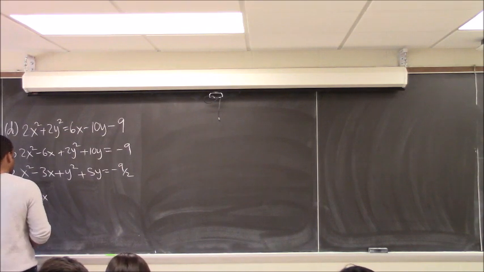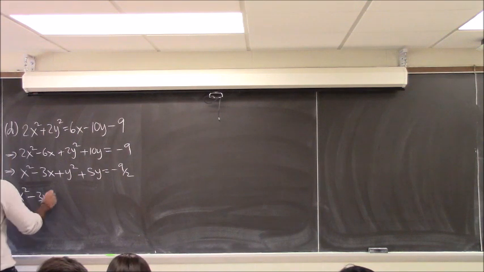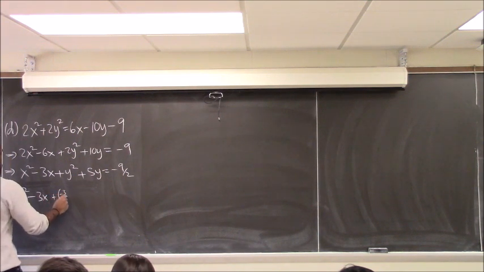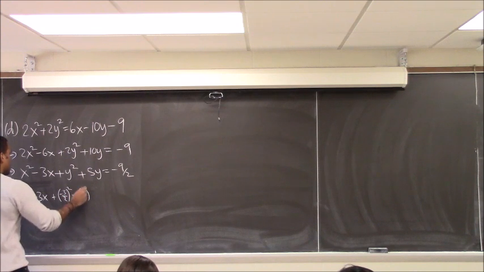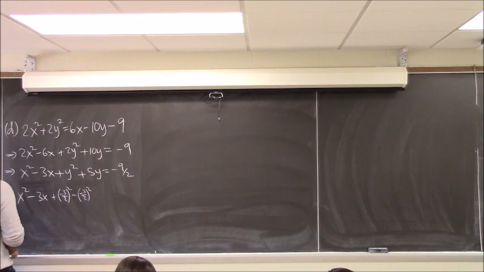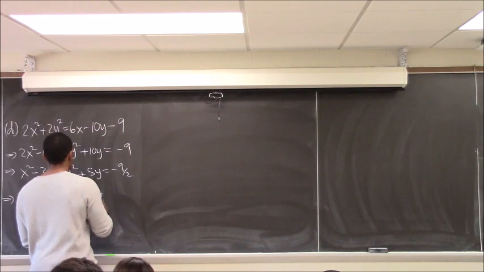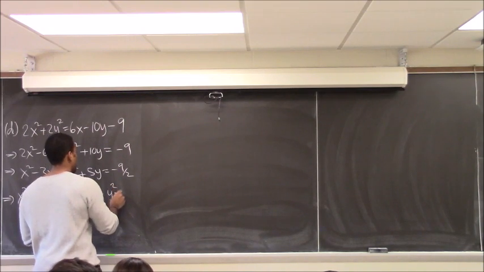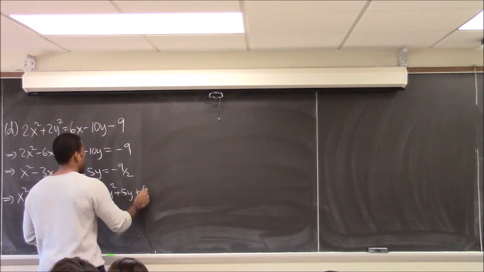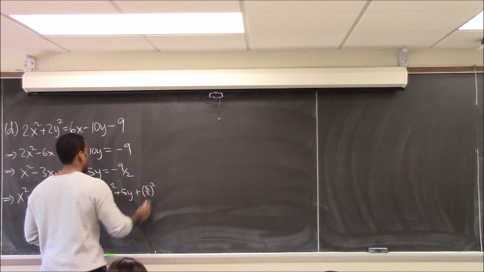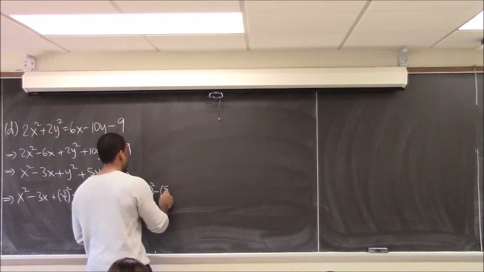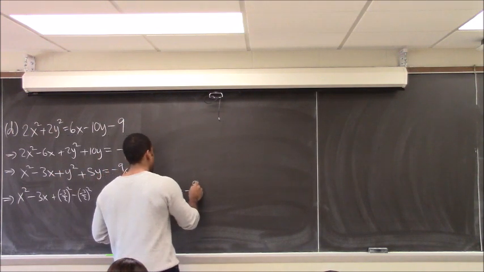We're going to add minus 3 over 2 squared, subtract minus 3 over 2 squared. We're going to add 5 over 2 squared minus 5 over 2 squared.